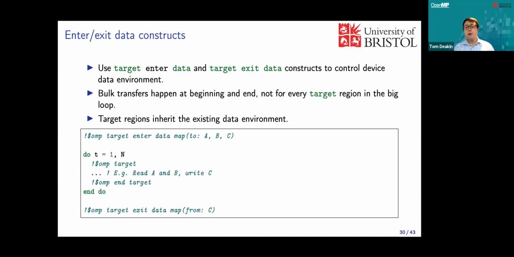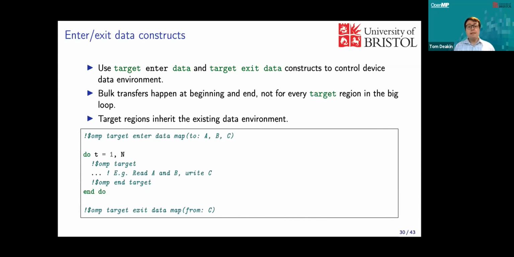When we copy data on target directives, that copies data into the device data environment and then moves it out again at the end of the target region. But between those target regions, that device data environment is going to exist if we've used these enter data and exit data constructs to set it up.